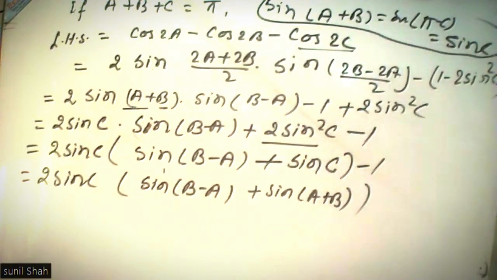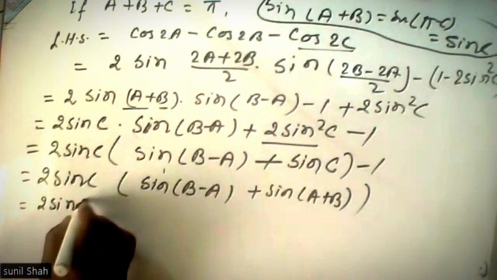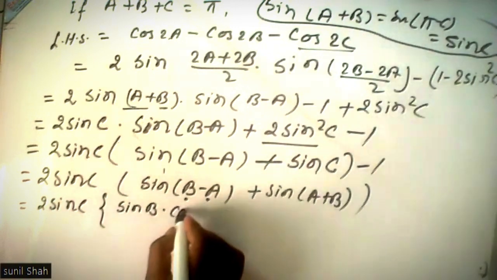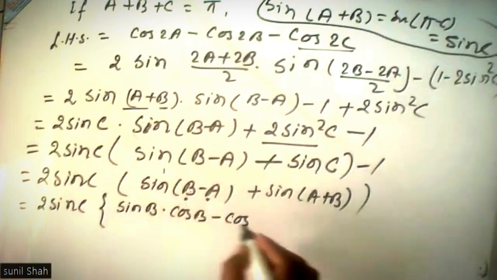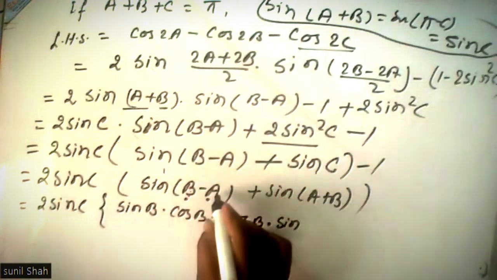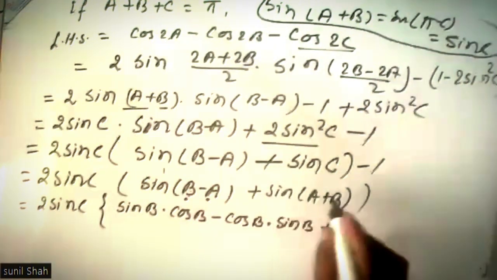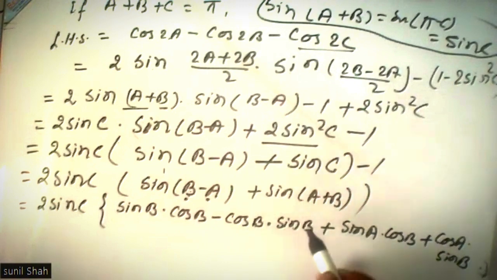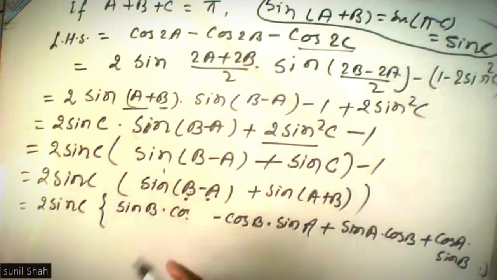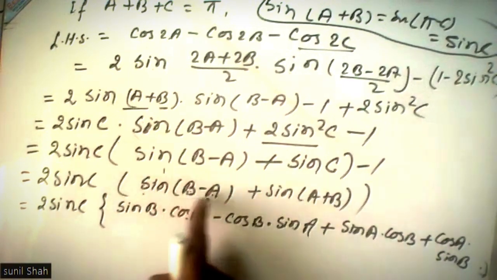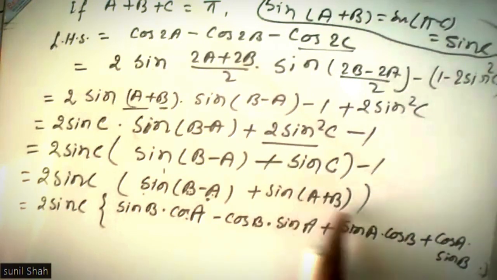Put the formula for this and this. 2 sin C, and sin (A minus B) is sin A cos B minus cos A sin B, again here sin A cos B plus cos A sin B. Here A and B are in proper place, so there will be no confusion.